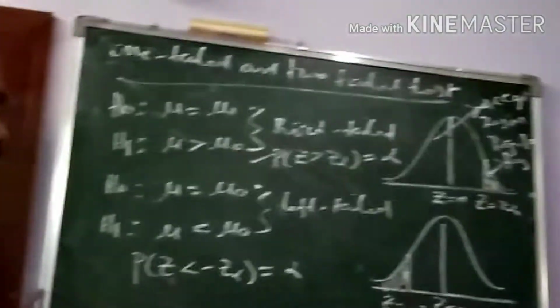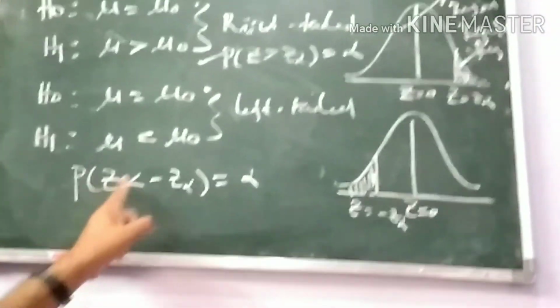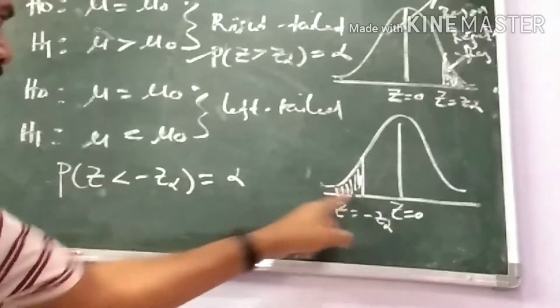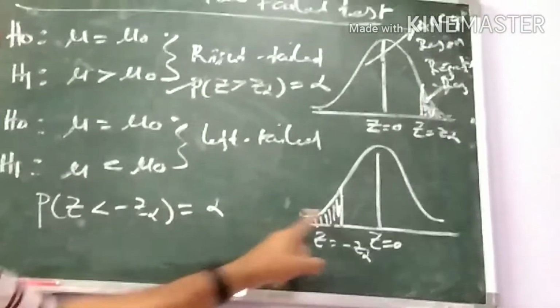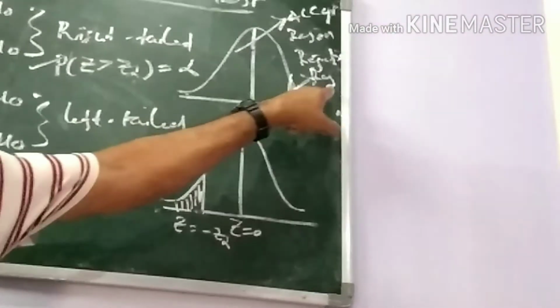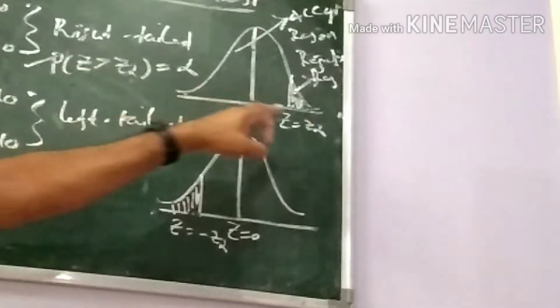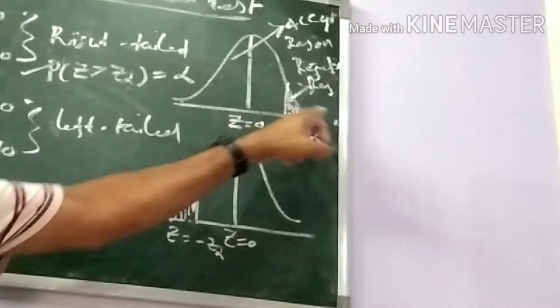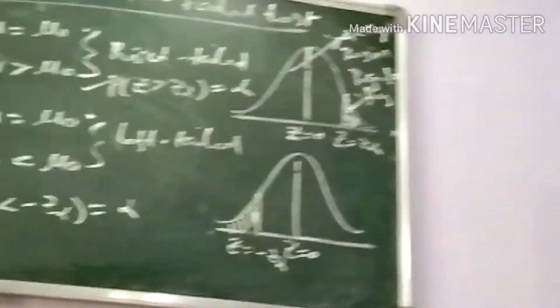This shaded area is the probability of z less than minus z alpha.